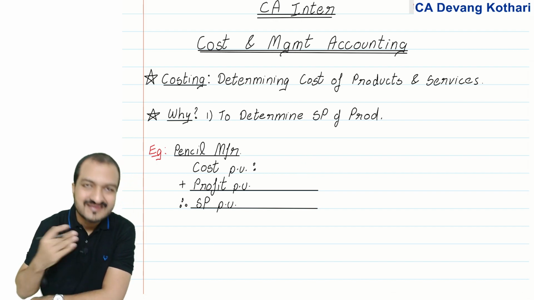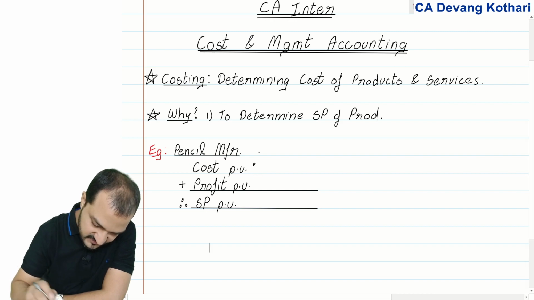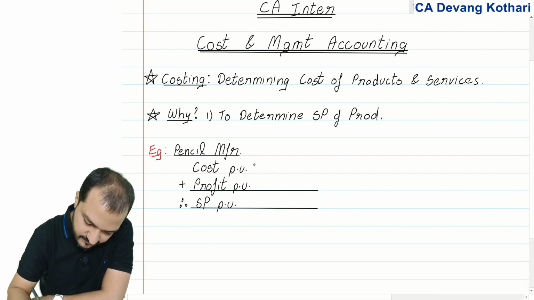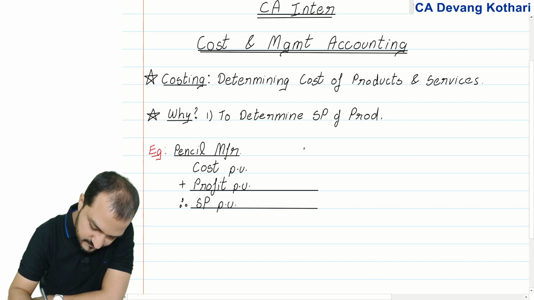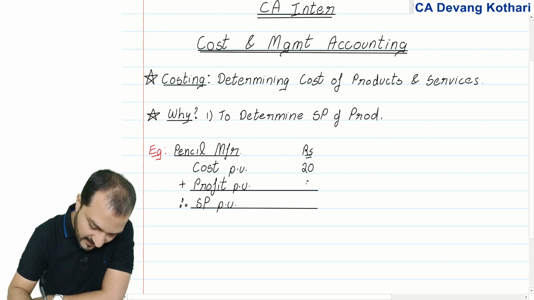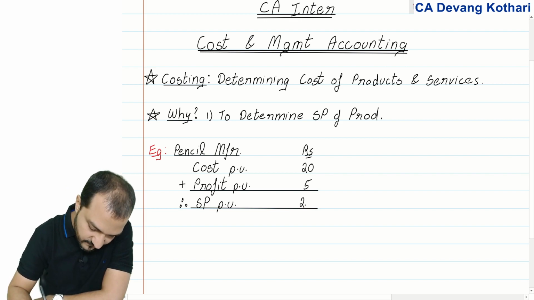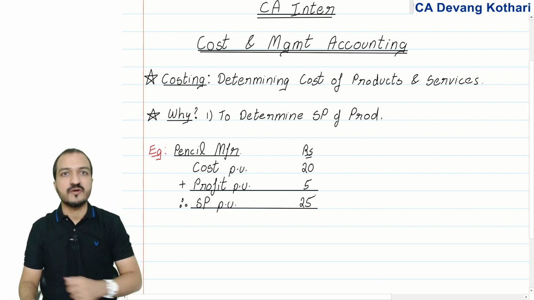Let's say you did some calculations and you found out that cost per unit of the pencil is, say for example, 20 per unit. So on this 20 per unit, you thought of adding profit of 5 per unit. So you get the selling price of 25 per unit, right?